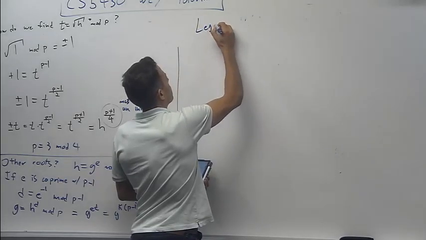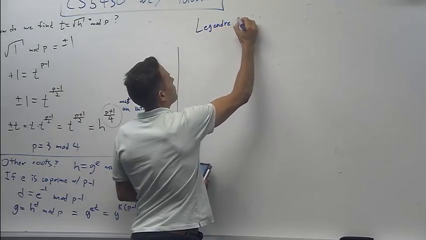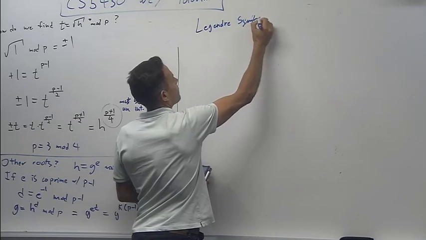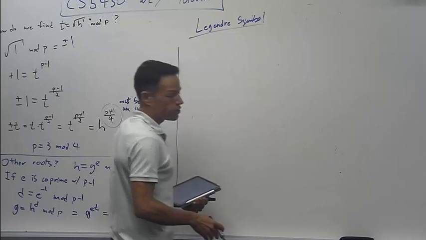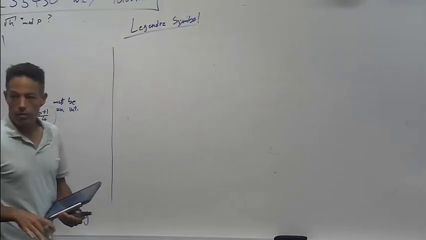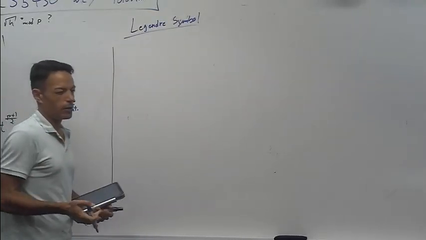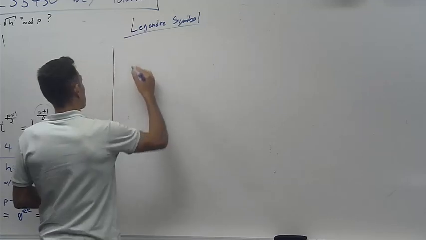Let's talk about the Legendre symbol. This is just a bit of notation, but it's going to make it a lot easier to reason about things when you work with it.